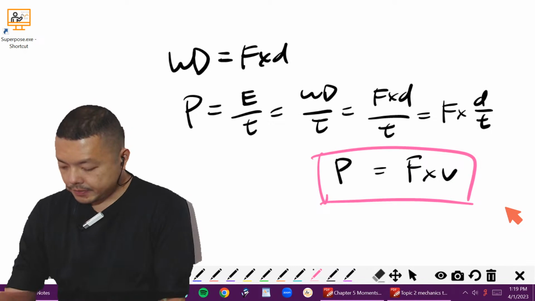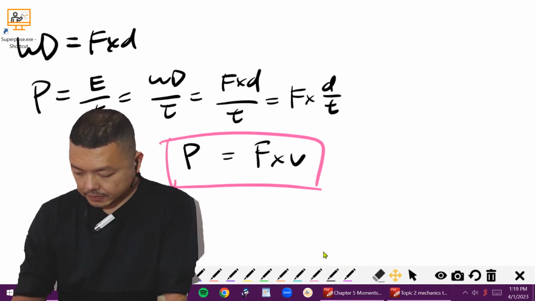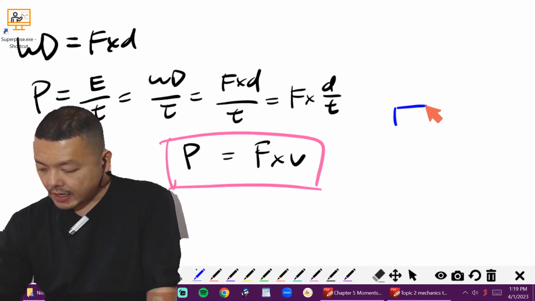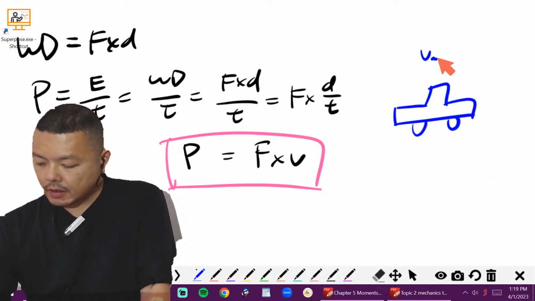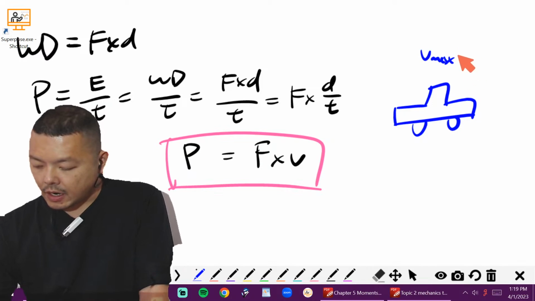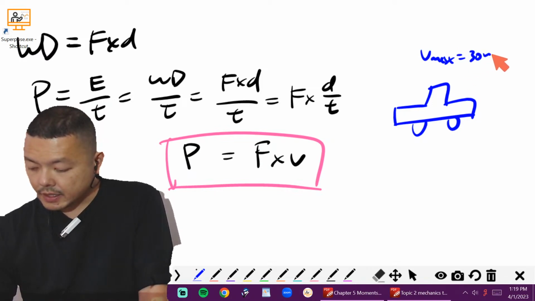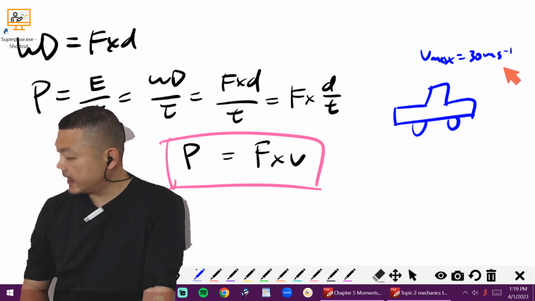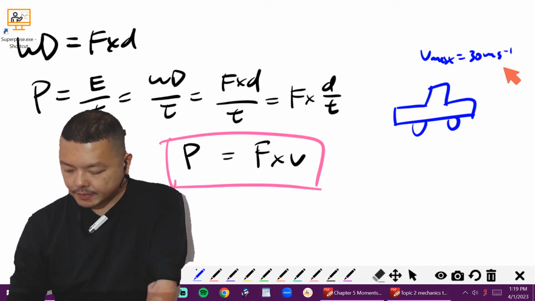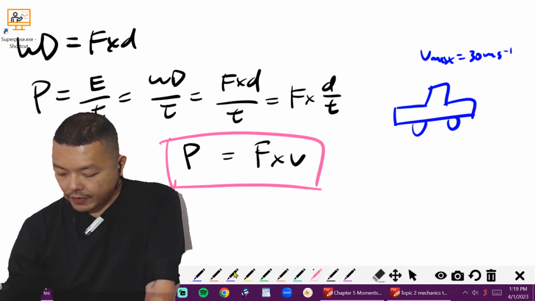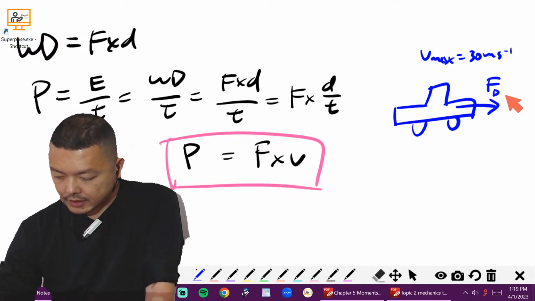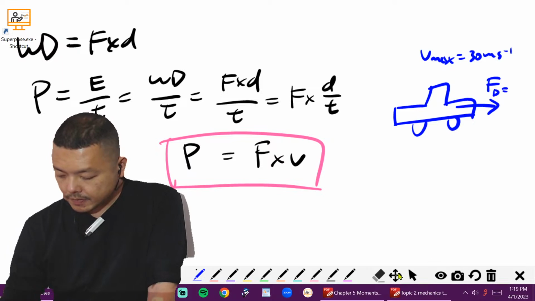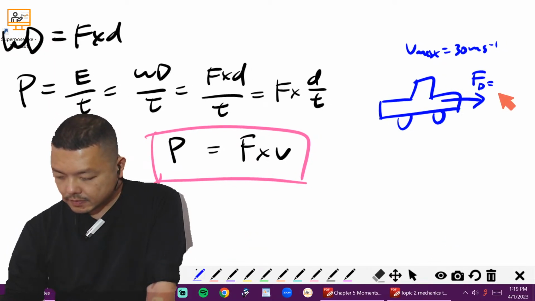Okay, scenario. I'll give you a car. The maximum speed right now is 30 meters per second. The Vmax of this car is 30 meters per second. The driving force of the car is 5,000 newtons.